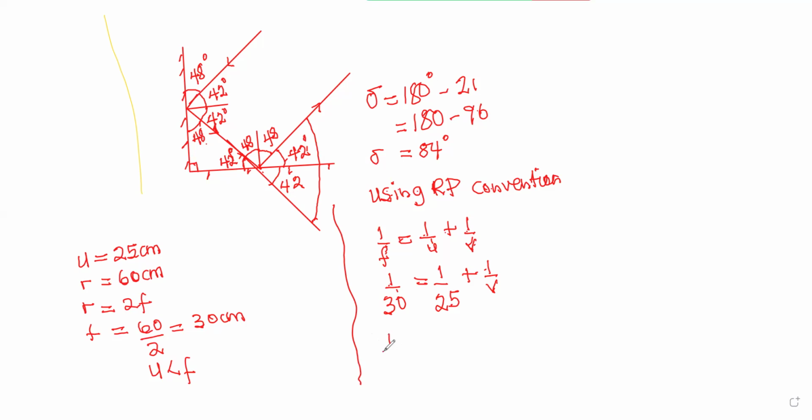So when we make V the subject, 1 over V is equal to 1 over 30 minus 1 on 25.